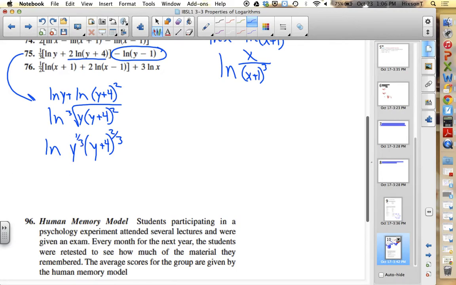Either one of these would be fine. But let's not forget this last part. Since it's minus the natural log of y minus 1, we put this whole thing over y minus 1. And that's it.